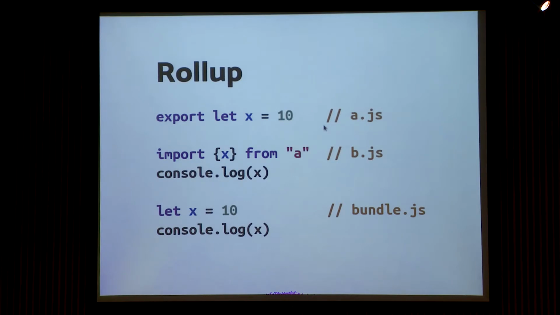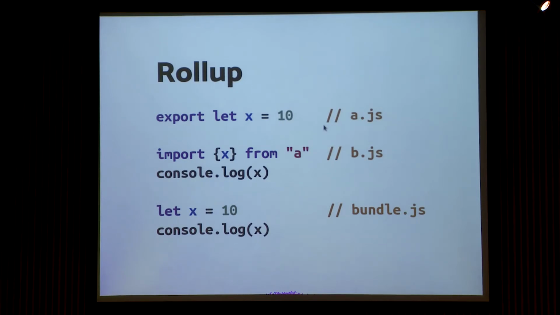for example. So even in this case, if the second file were to do import x as y and then console.log y, it could still see, okay, this is the same binding. I'm just going to rename that use of y to refer to x.